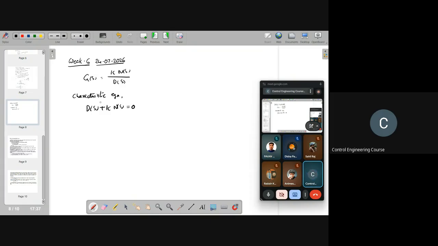But as k changes, the characteristic equation will change, so automatically the roots of this equation will change.